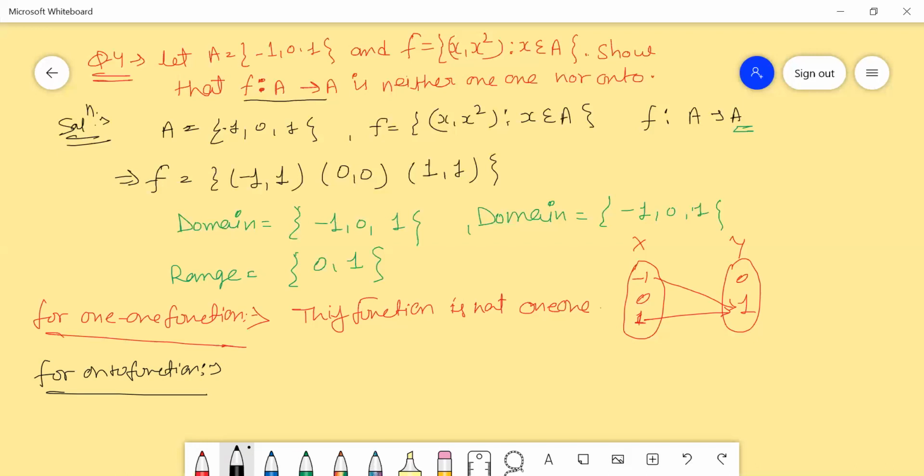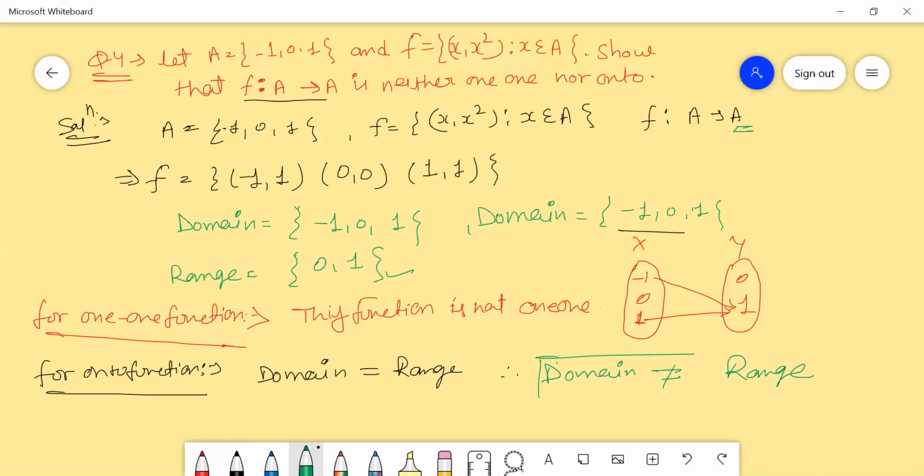And the second way for an onto function is that the range should be equal to the codomain, but in this situation the codomain is not equal to the range, because the codomain is -1, 0, 1 and the range is 0, 1, right?